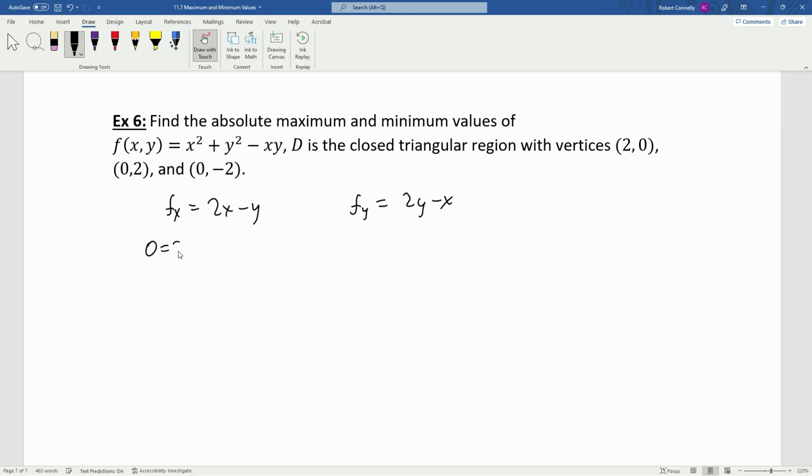If we set these both equal to 0, we get that y equals 2x and x equals 2y. If we plug in the substitution for y, that gives me x equals 4 times x. Well, actually, the only possibility here is going to be that these are both 0, right? So if x equals, here we'd get 4x.